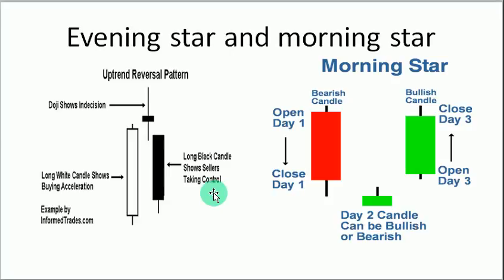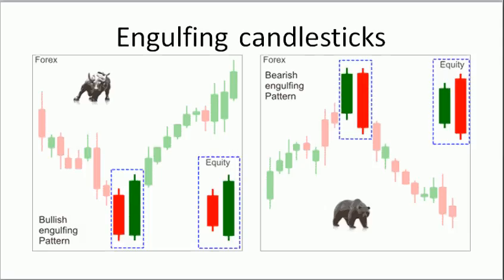It's not easy to spot these types of candlestick formation. So I would suggest you stick to engulfing patterns because they occur a lot in the market, especially on reversal areas or zones in the market. And then this one, pin bar.